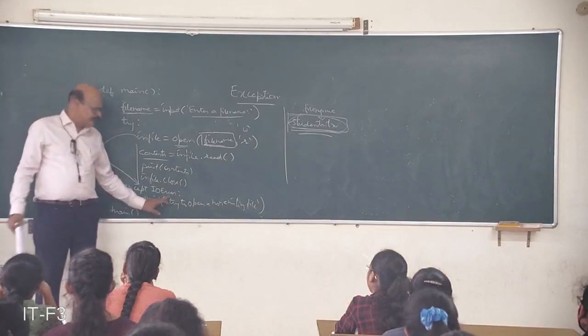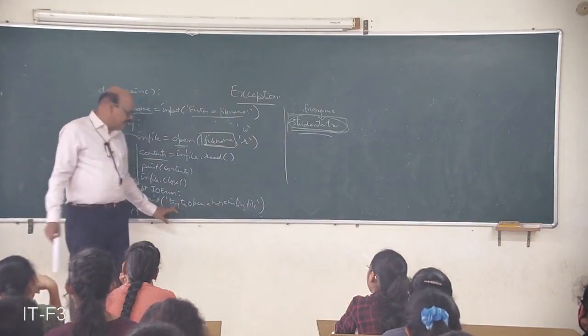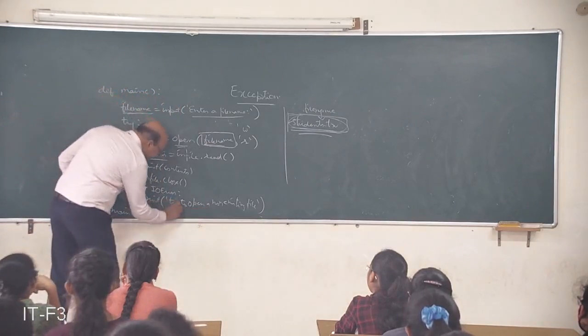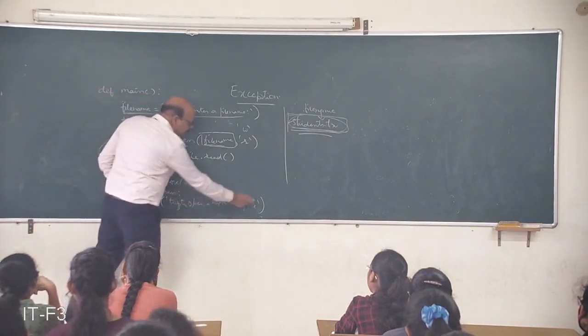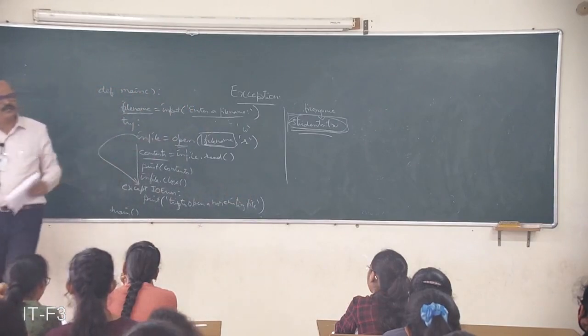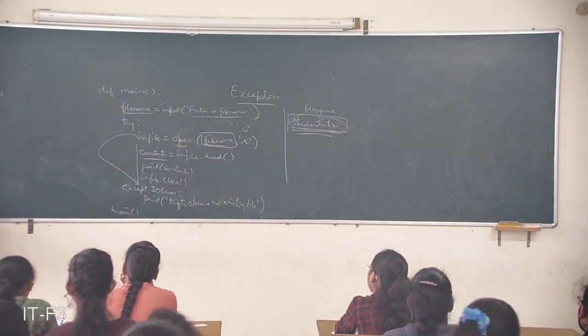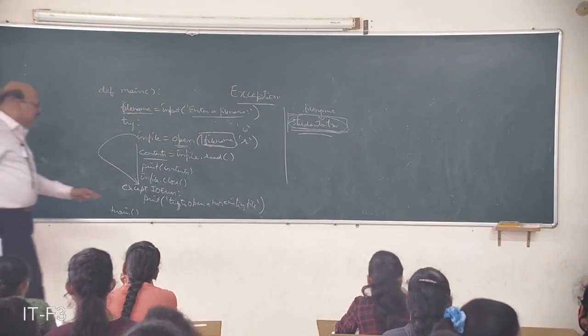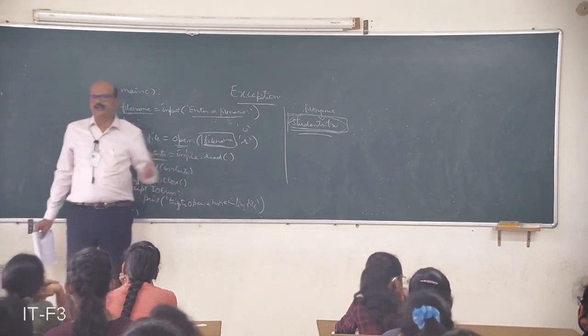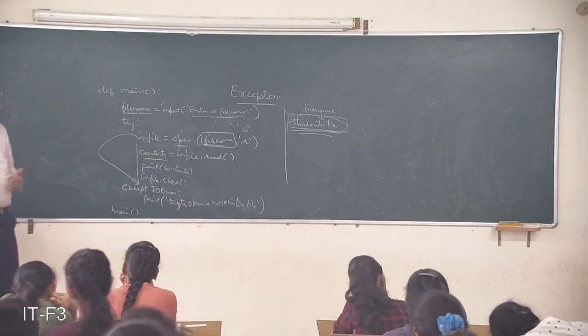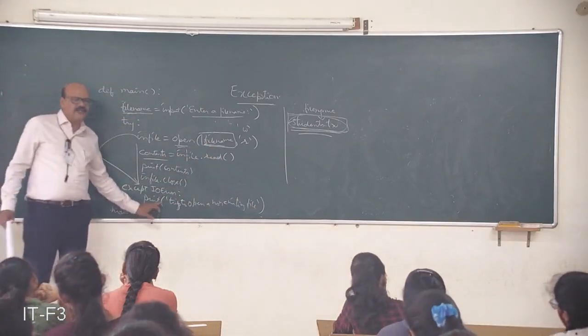Now for IO error, here we are just displaying the message: trying to open a non-existing file. This is the message we are giving to the user, so that the user will know why the program has come to an end. We are telling the user that you are trying to open a non-existing file in read mode. That's why an exception has occurred, and this is the end of the program.